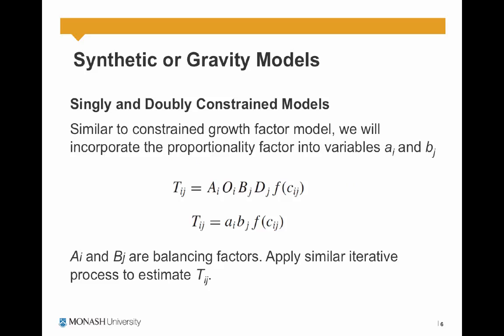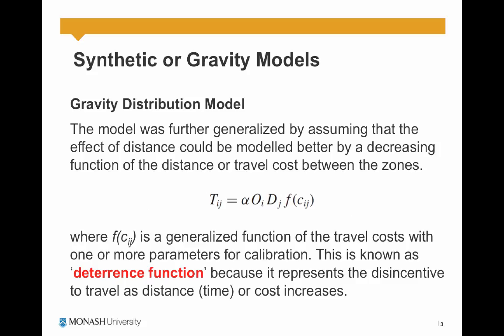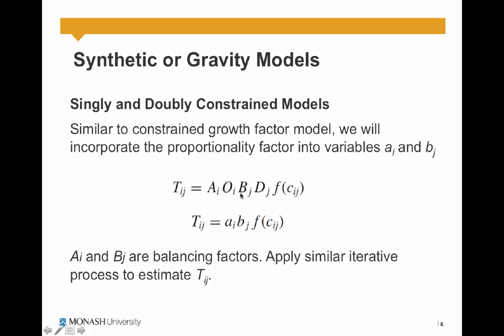Similar to the growth factor model, the synthetic or gravity model can be applied either as singly constrained or doubly constrained. To do so, we will incorporate the proportionality factor into variables Ai and Bj. So if I go back to the original gravity distribution model, where we had the proportionality factor multiplied by Oi, Dj and then f(cij), we change this alpha and replace it with capital Ai and capital Bj.